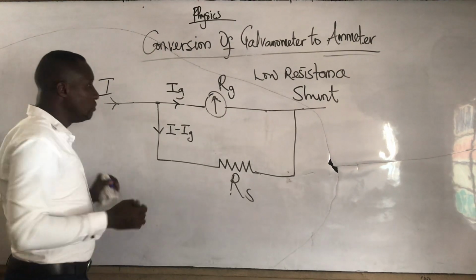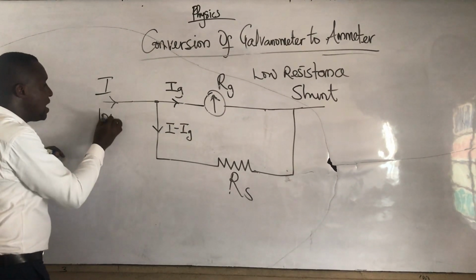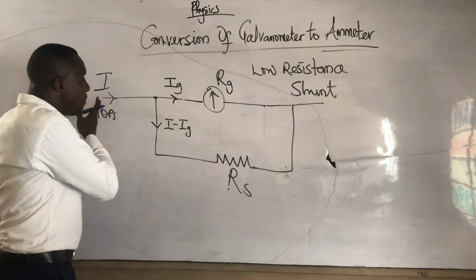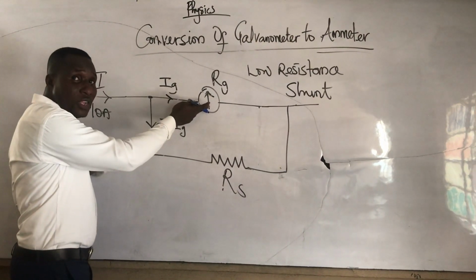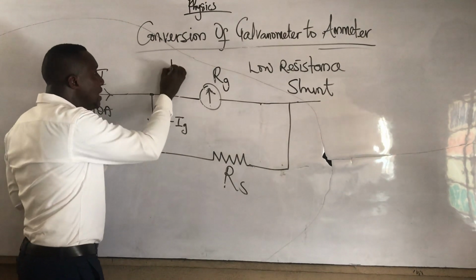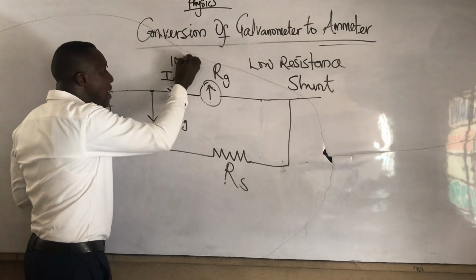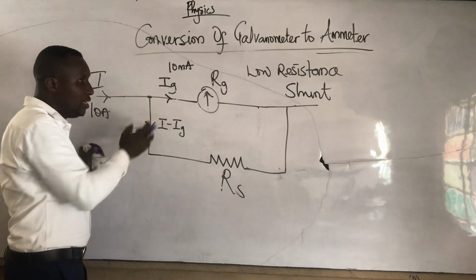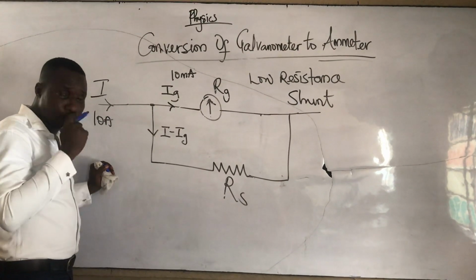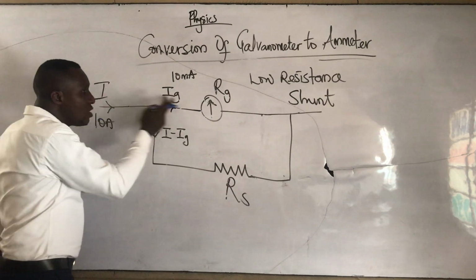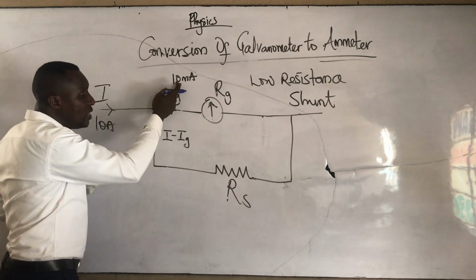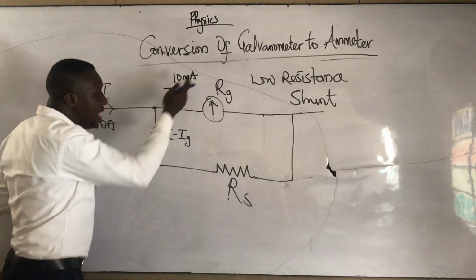Let us assume the total current is 10 ampere, coming from a source. Then the current that flows through the galvanometer, let us assume, is 10 milliampere. The total current is 10 ampere, and the current flowing through the galvanometer is given as 10 milliampere.